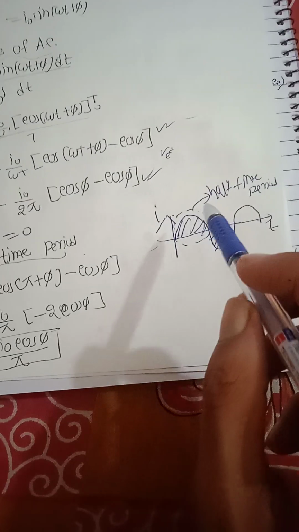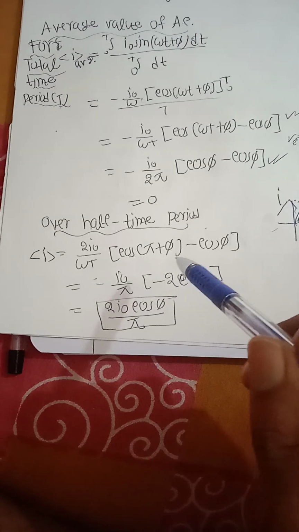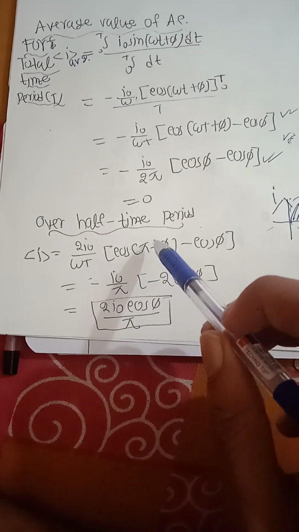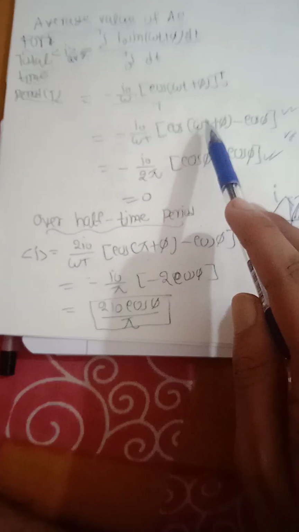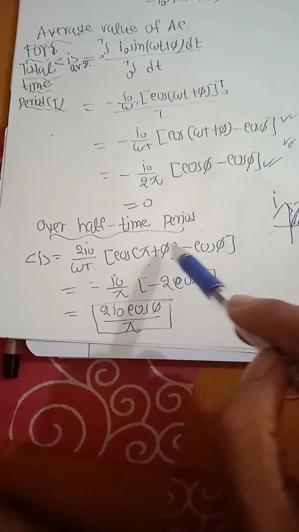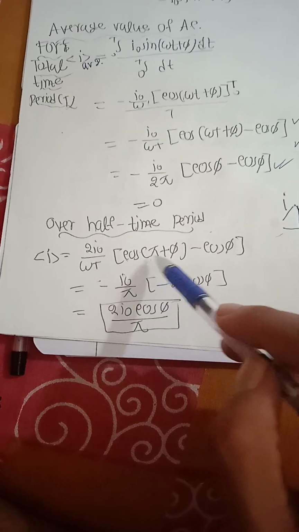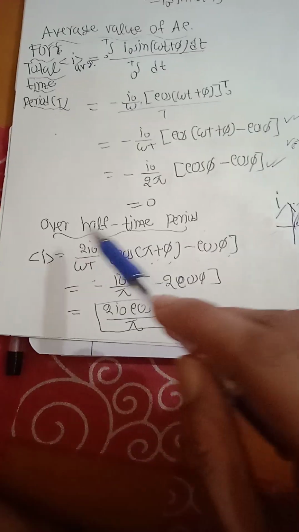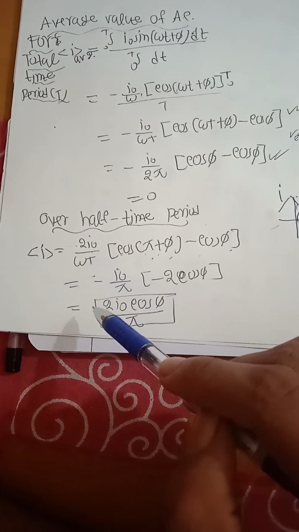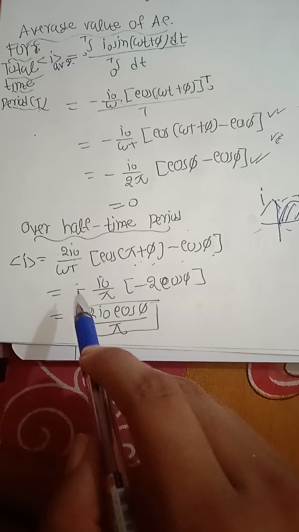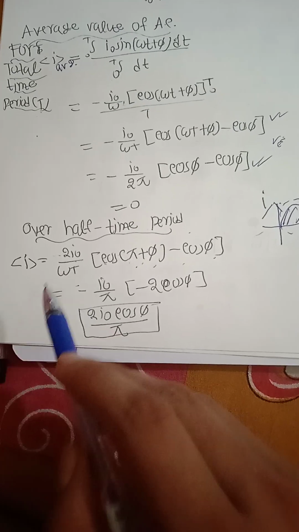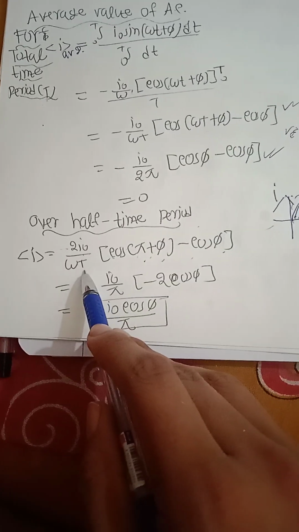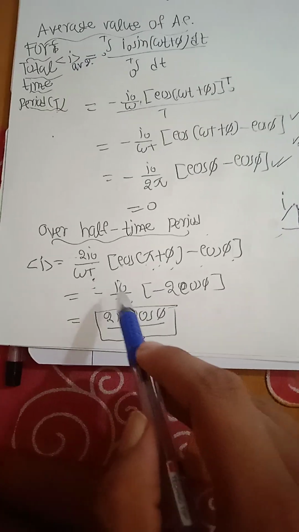So if you want to calculate the current over the half time period, then again here we are going to put pi instead of this omega t. We have put in pi, so cos of pi plus phi minus cos phi, and here it will be 2 I naught by omega T. Again, we are going to write this omega T as 2 pi.